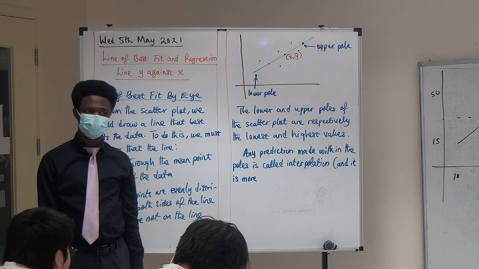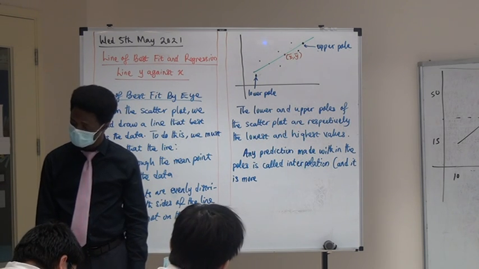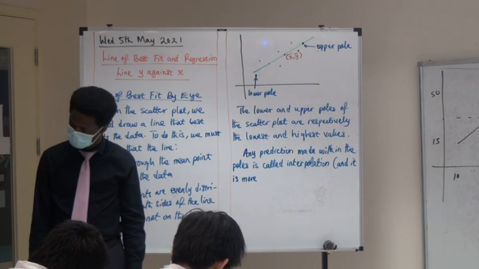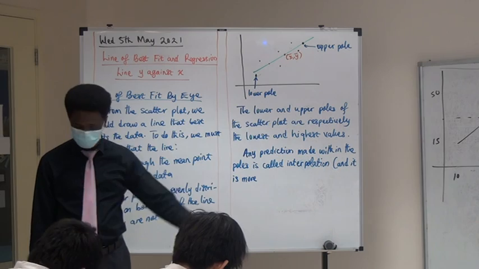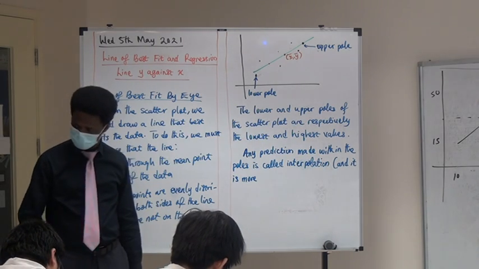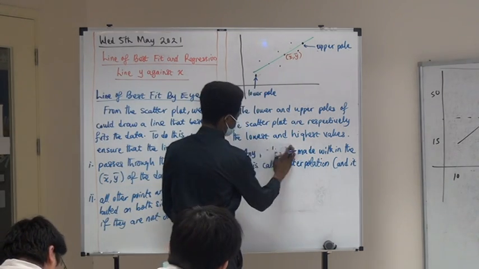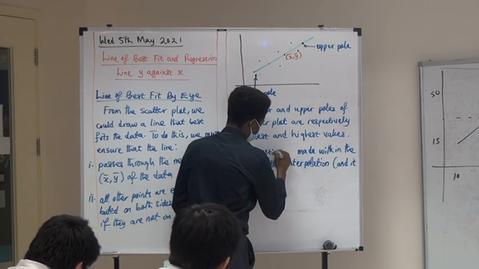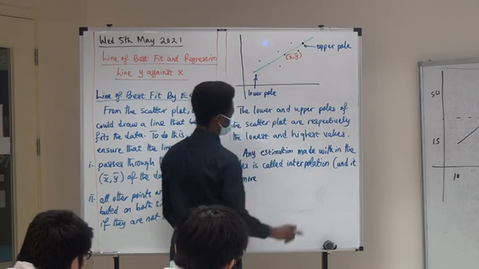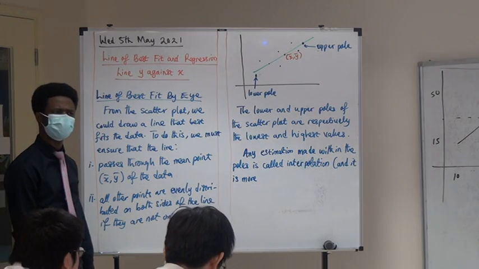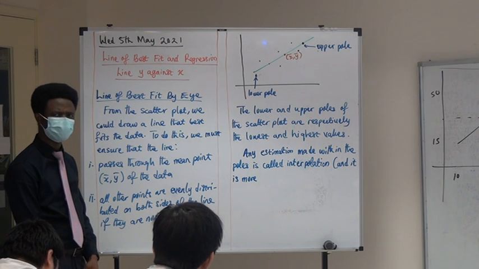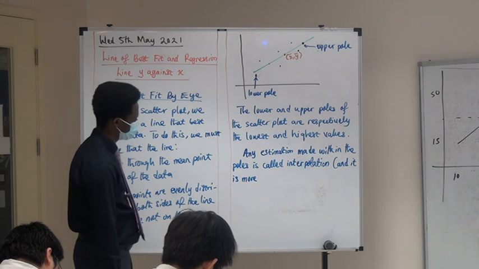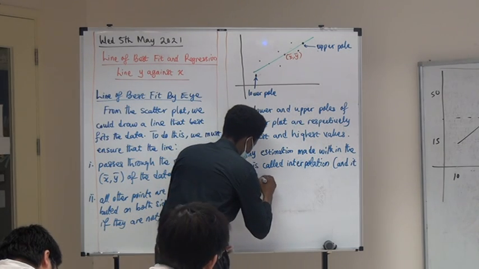When I say Elsin's predicted grade is a 7 in IB, I'm just guessing based on what I noticed. But this is an estimation, because you're estimating from the line. Do you guys agree? Okay, it's an estimation. It is more reliable.